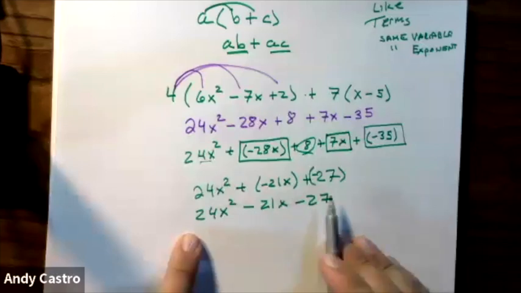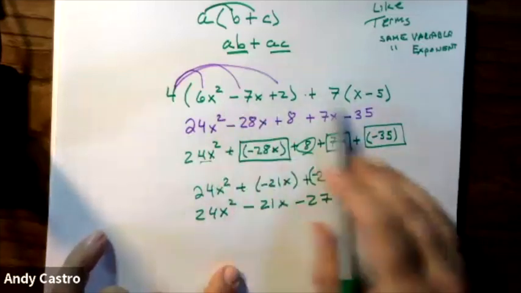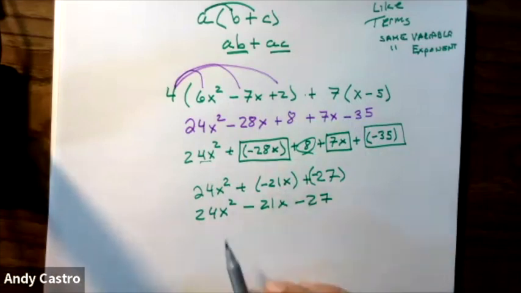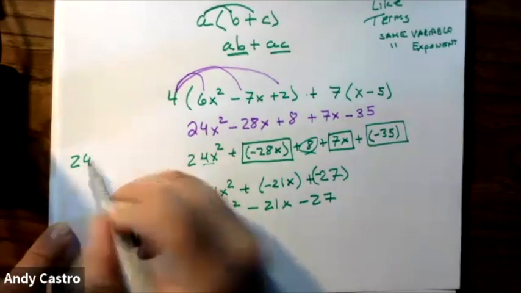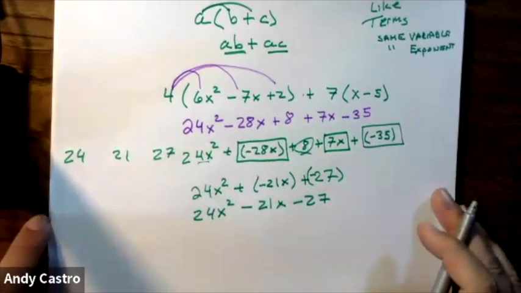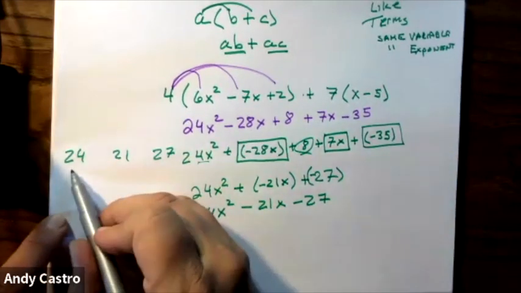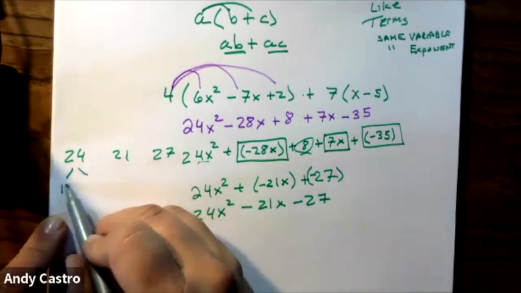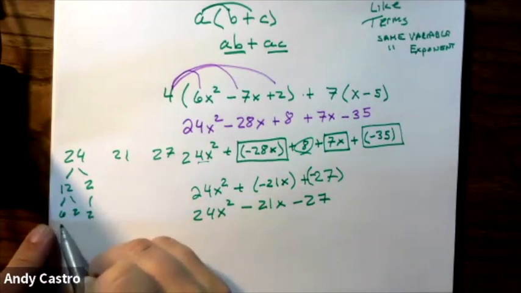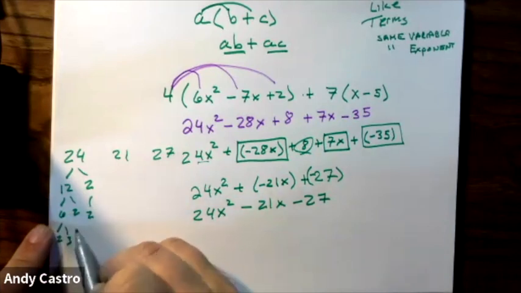What I don't want to do is factor out and get back to where we started, because we haven't done anything. But here I might be able to pull something out. If we look at 24, and if you know what it is, you can go ahead and do it on your own. 24 is 12 and 2, 12 is 6 and 2, and 6 is 2 and 3.